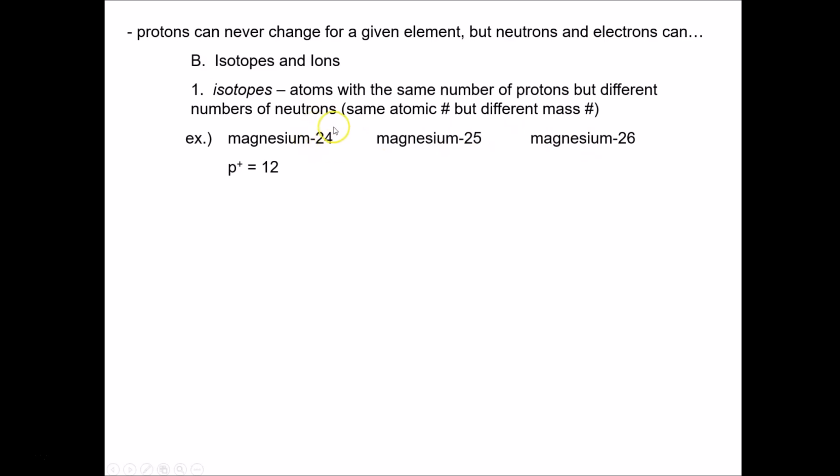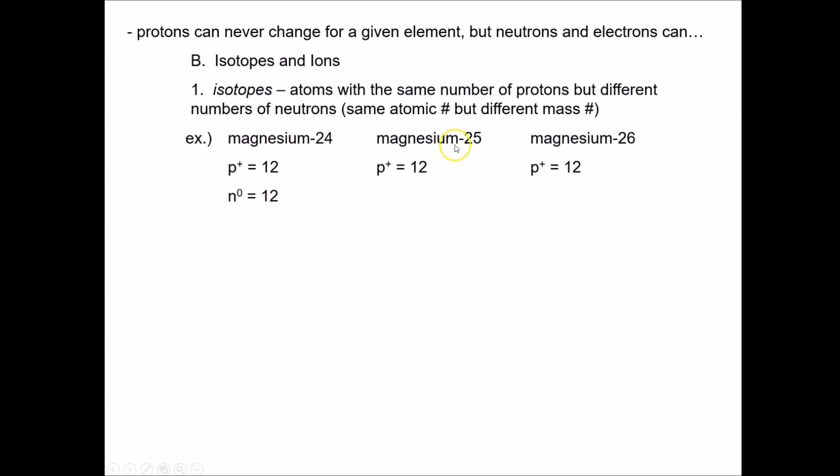But how many neutrons does it have? Well, if this is the mass number and this is the atomic number, mass number minus atomic number tells you neutrons. So how many neutrons does magnesium-24 have? Well, what's 24 minus 12? It's 12. So that means that this magnesium-24 has 12 neutrons.